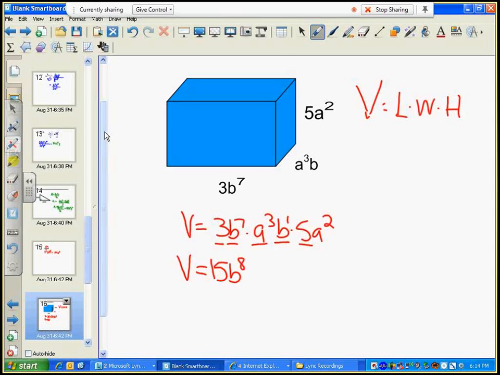It's an a factor and an a factor, so it's going to be a to the 5th power. And I'm done except my variables aren't alphabetized, so I'm going to do that. So I'm going to have 15, a to the 5th, b to the 8th. Units cubed.